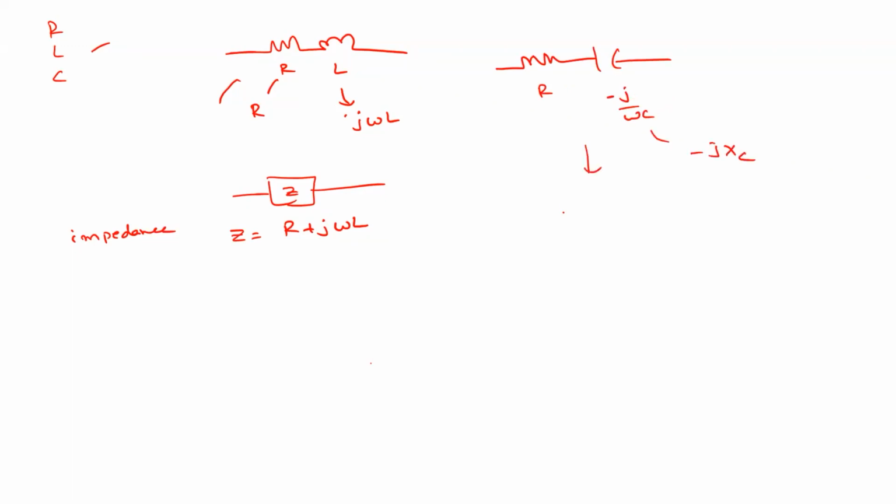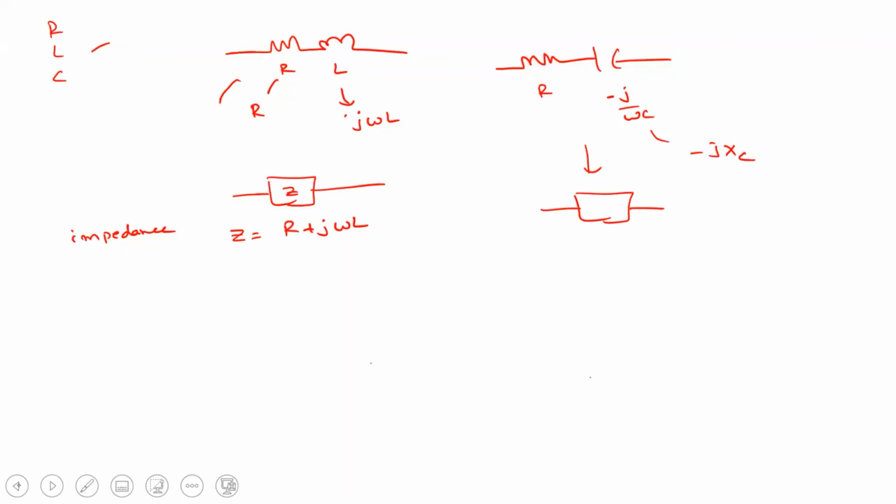So this can be written as R minus j into 1 by omega C, and this is equal to Z.